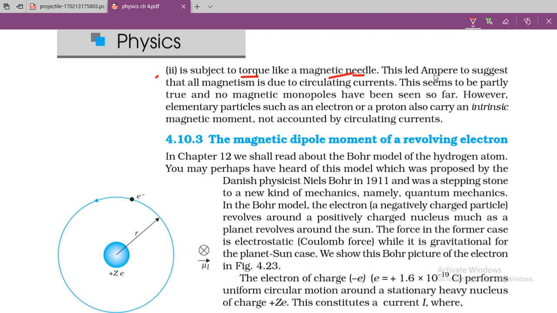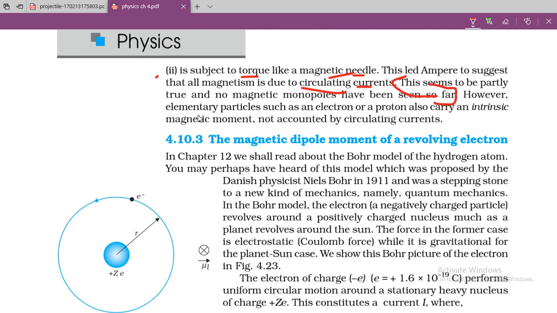This led Ampere to suggest all magnetism is due to the circulating currents. This seems to be partially true and no magnetic monopoles have been seen so far. So this says that there is no magnetic monopole.